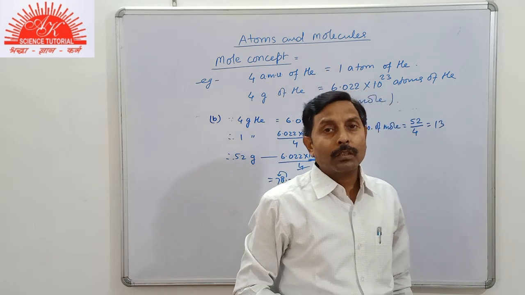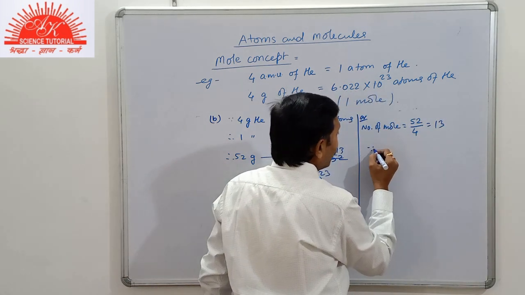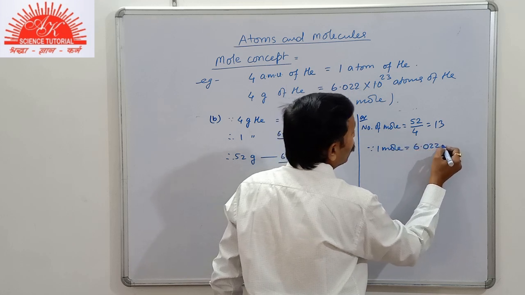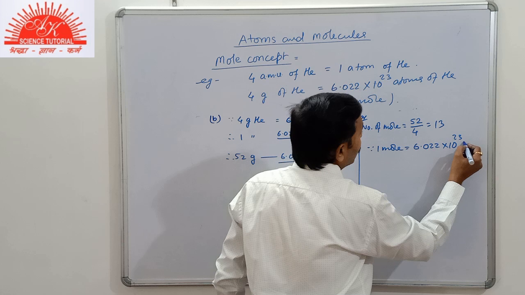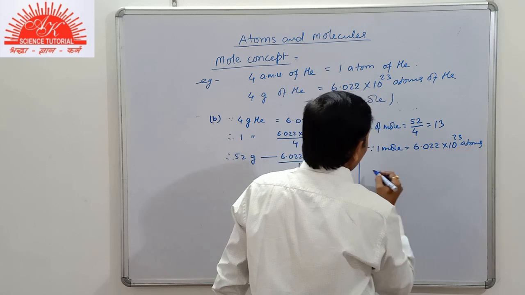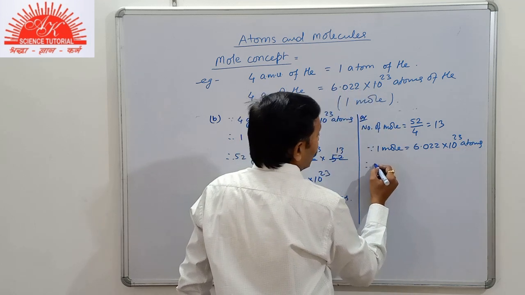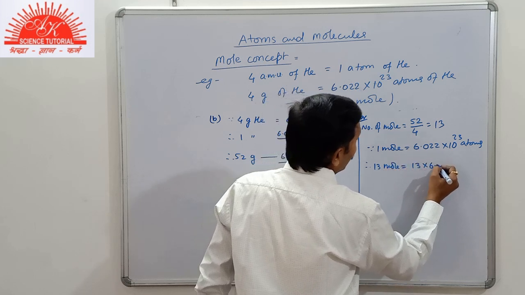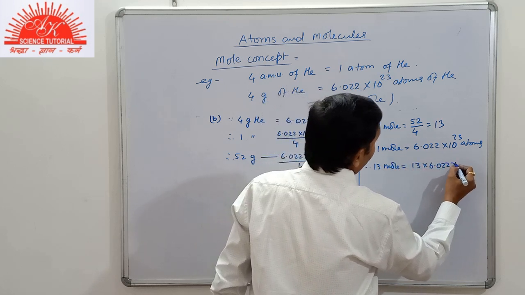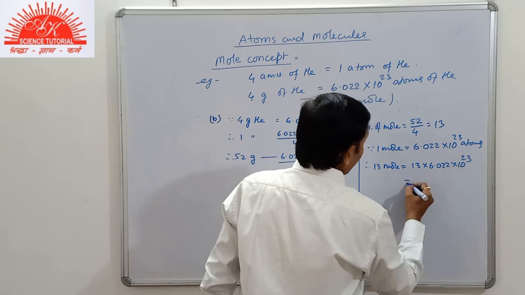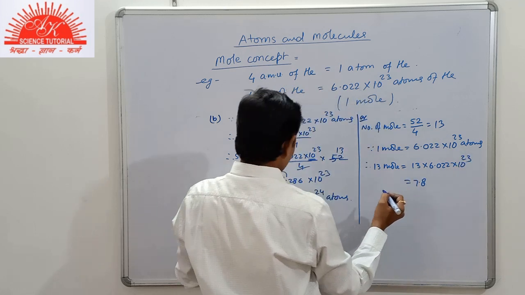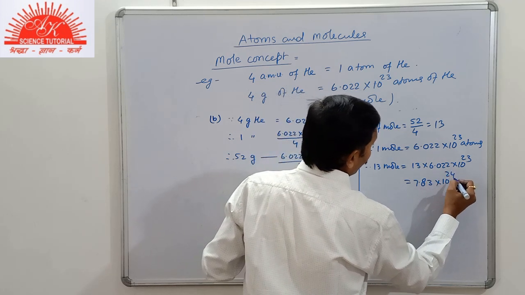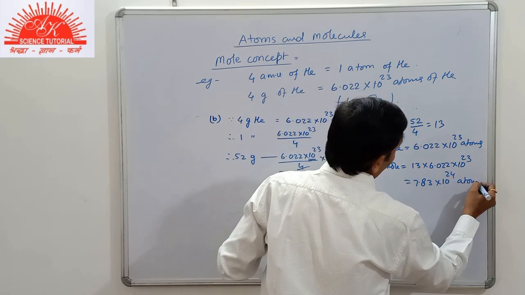There are 13 moles, and as you know, 1 mole is equal to 6.022 into 10 to the power 23 atoms. Hence 13 mole is equal to 13 into 6.022 into 10 to the power 23, that is 7.83 after rounding off, into 10 to the power 24 atoms.